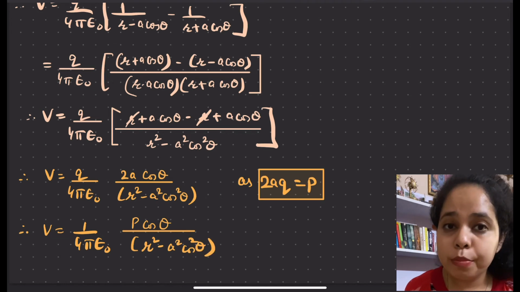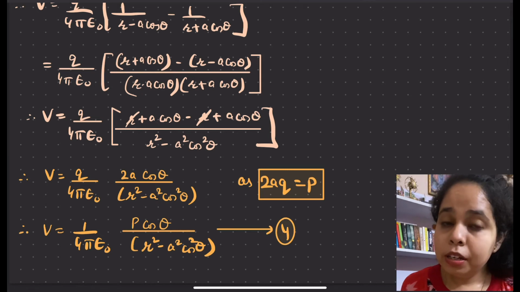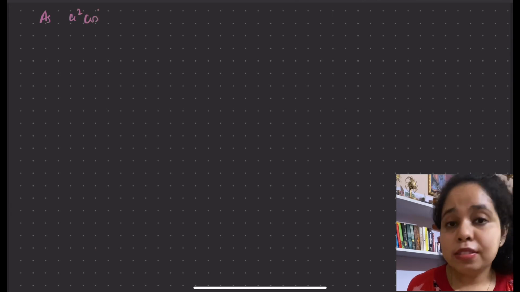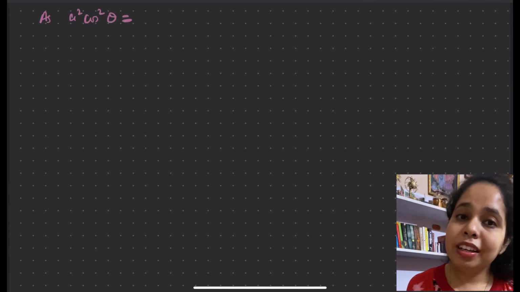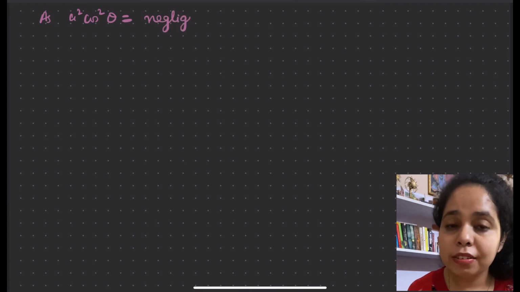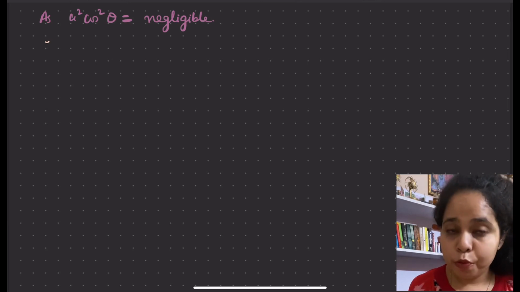which is our equation number 4. And now we always know that the dipole is small, it is always of short length, therefore 2a is small, and if 2a is small, a is also very small, and the square of a very small term, that is a square, is also going to be very very small, therefore we can ignore the term a square cos square theta in equation number 4.